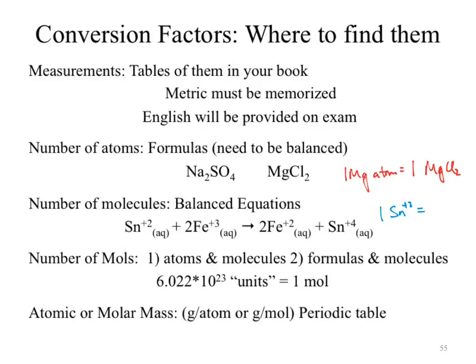How many iron 3s are required to react? 2. Okay, what if I give you 1 mole of iron atoms? 2 iron. It is now 2 moles of iron. The mole is just a scaling factor for a number of them. What if I said 1 gram of iron?